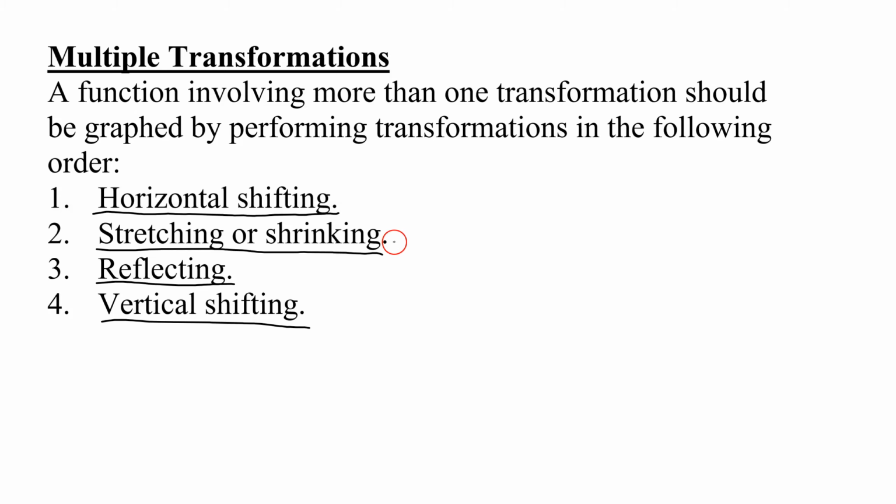Now, in fact, step 2 and step 3 are interchangeable. They can be done in either order. But it's very important that you shift left and right first and you shift up and down last. Anything else can be done in the middle. So let's see if we can do that on our function here.